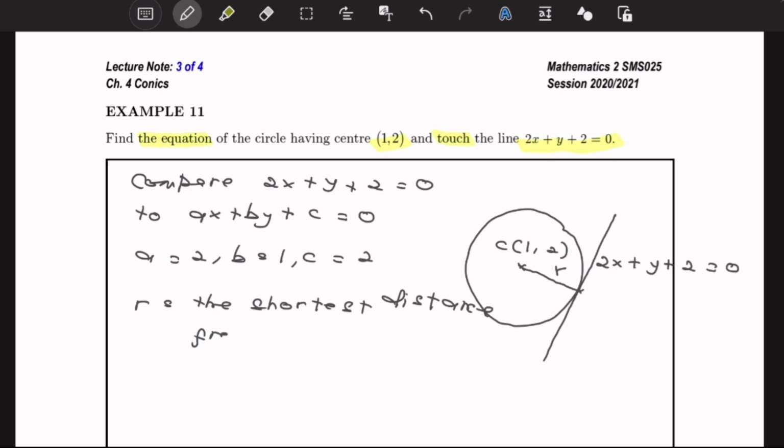From our center (1, 2) to the line 2x + y + 2 = 0.